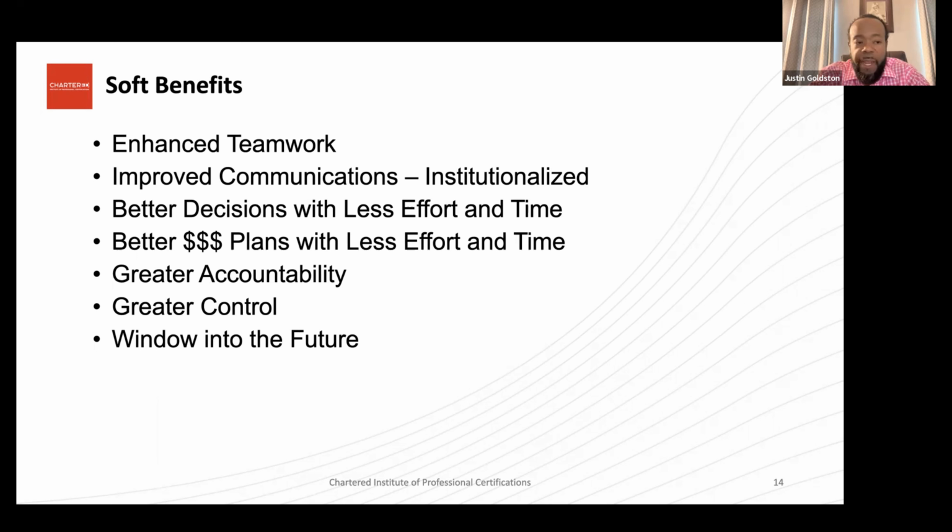We're going to talk about the importance of people in all the processes and in other sessions. But enhanced teamwork is one thing that's going to increase our forecast accuracy, because everyone feels they have skin in the game, if you will.